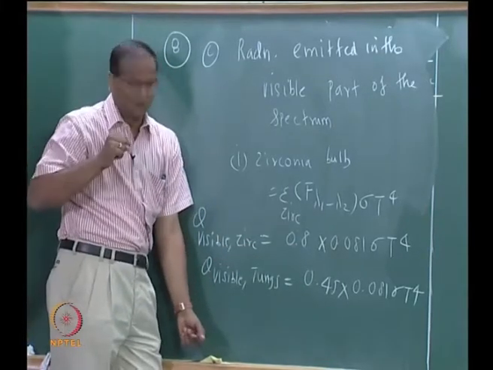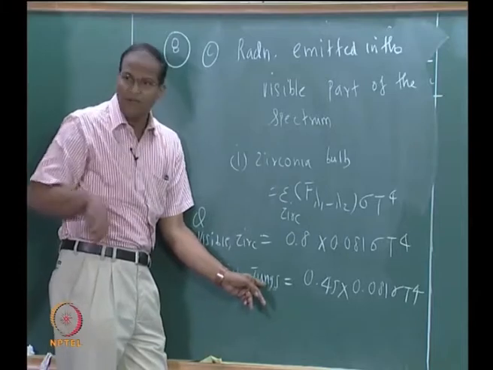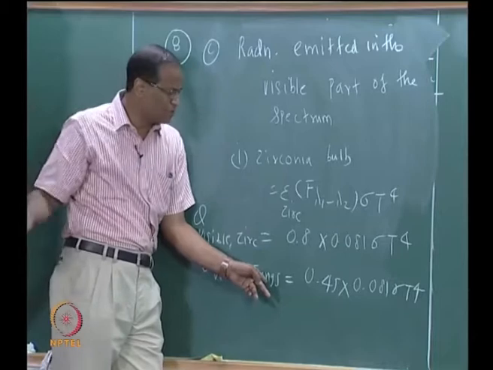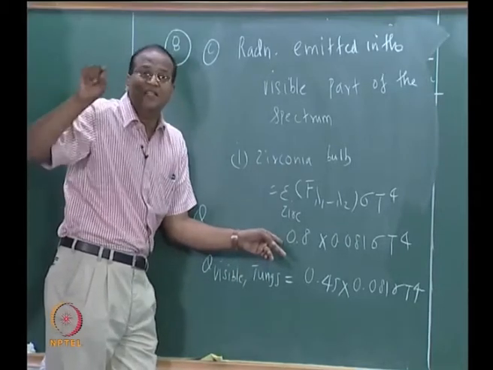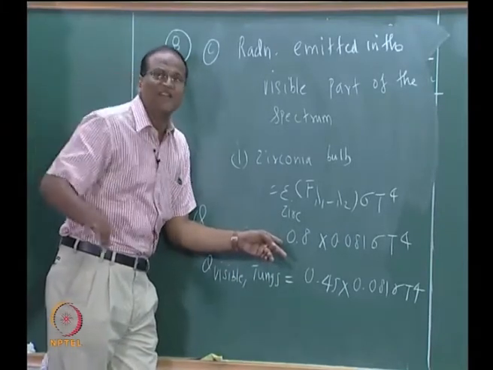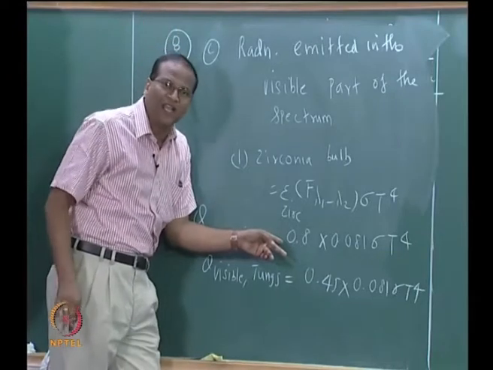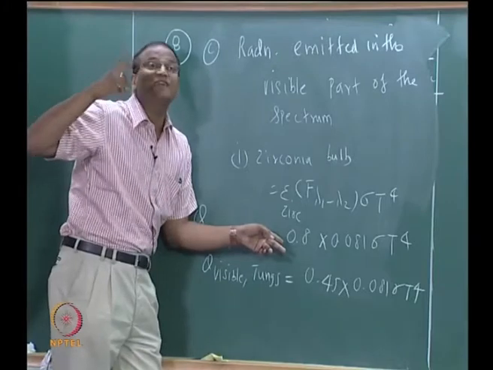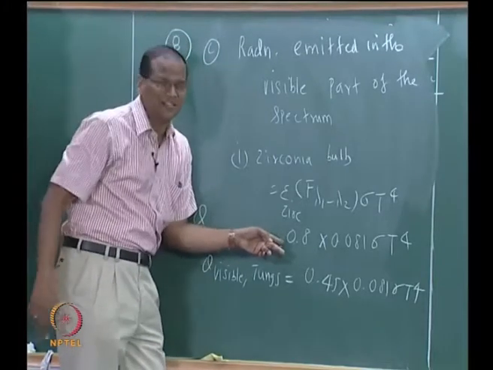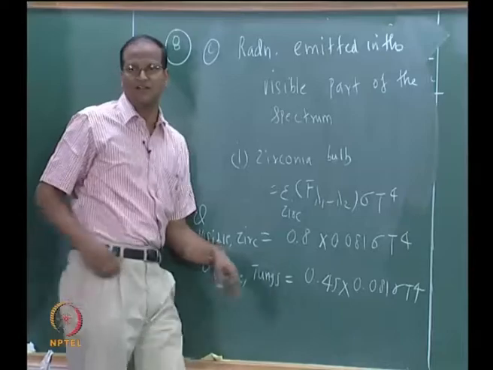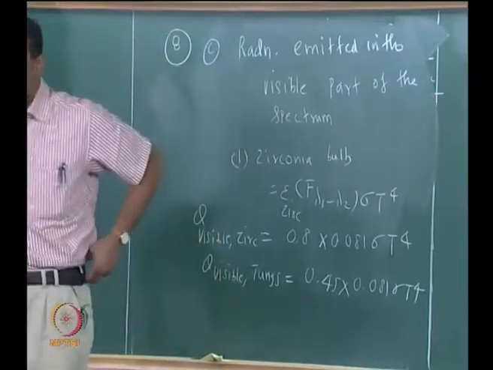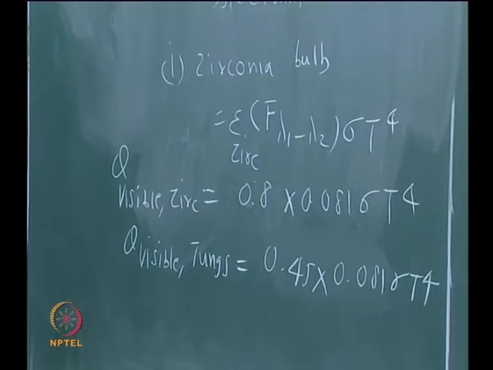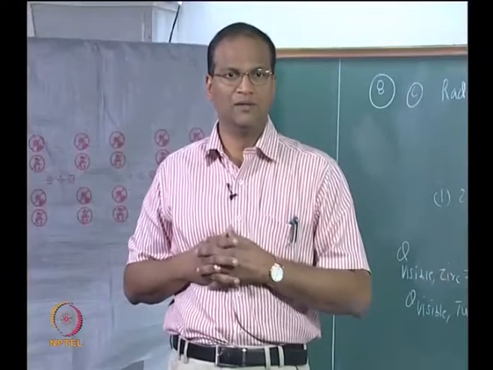Therefore, even though the tungsten filament has a higher hemispherical total emissivity as opposed to the zirconia filament, the zirconia filament, by virtue of having a very high spectral emissivity of 0.8 exactly in the visible part of the spectrum, gives better or more visible radiation compared to the tungsten filament, and its power consumption is also 0.7. Zirconia is infinitely better than tungsten.